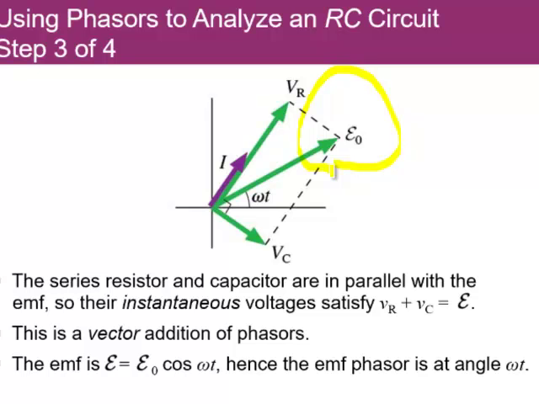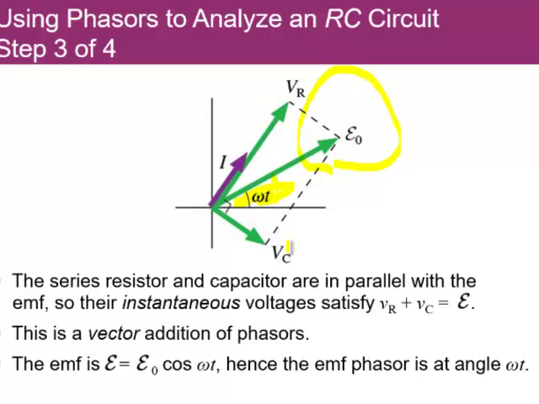This is the EMF of the source, because remember that the two voltages for the resistor and the capacitor add up to the voltage of the EMF, and this is where the omega t comes in. So this vector, the voltage of the source, is going to make an angle omega t with respect to the time axis.